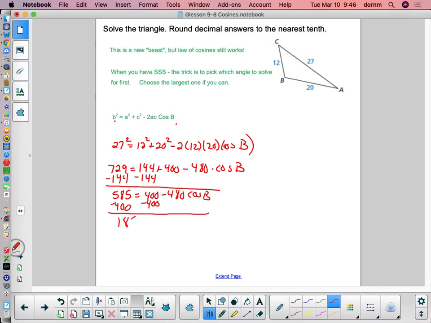So I get 185 equals negative 480 cos B. And I divide by negative 480, because I have to undo that multiplication. So I get 185 divided by negative 480 is negative 0.3854.